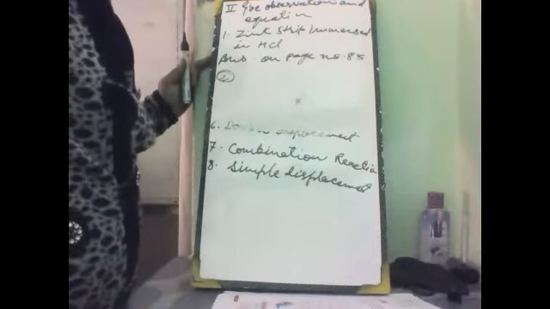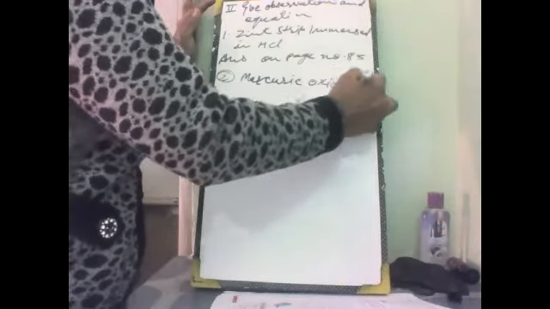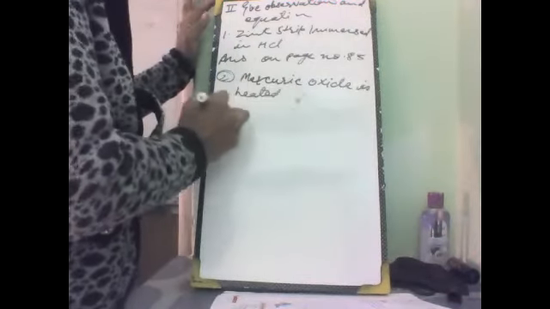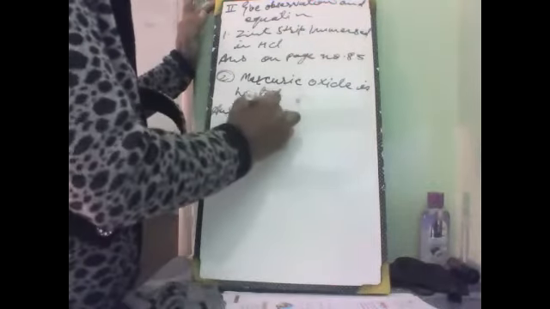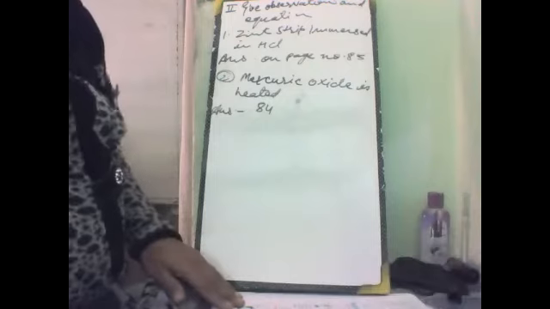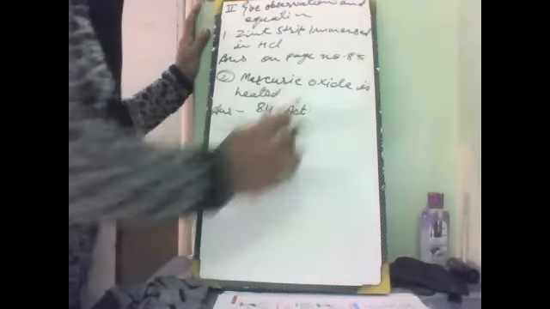The next is mercuric oxide is heated. When mercuric oxide is heated, you can see the answer on page number 84, activity number 1.